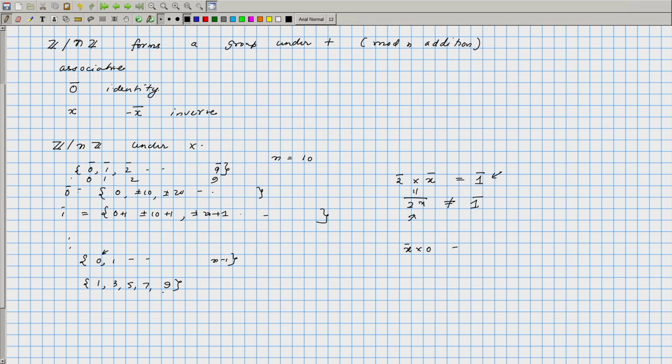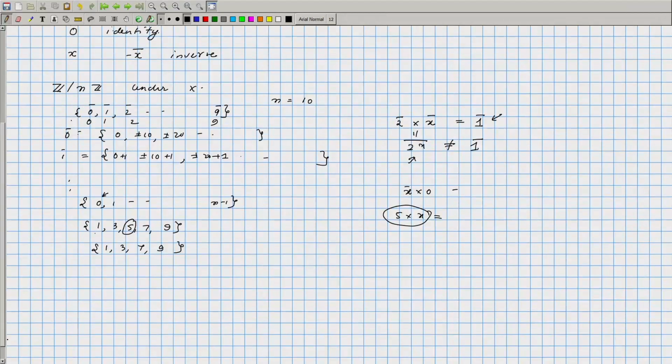But 5 is also a troublemaker here, in the sense 5 times x is always going to be a multiple of 5. So, you will never get 1. So, maybe we will remove 5 as well and we will look at 1, 3, 7, 9.